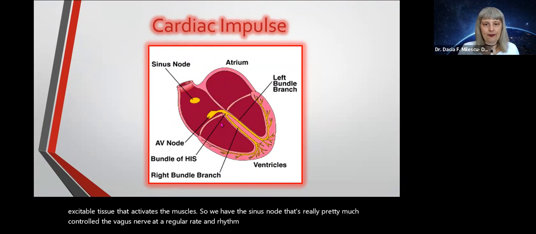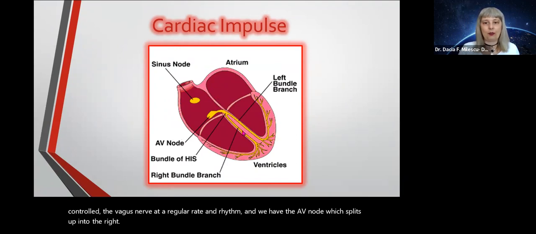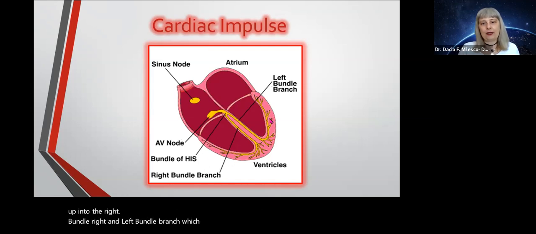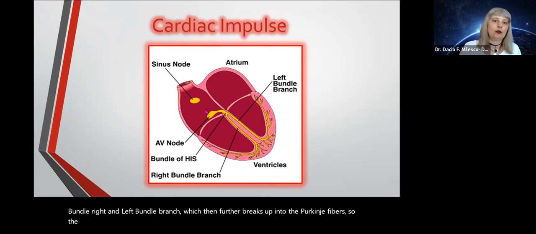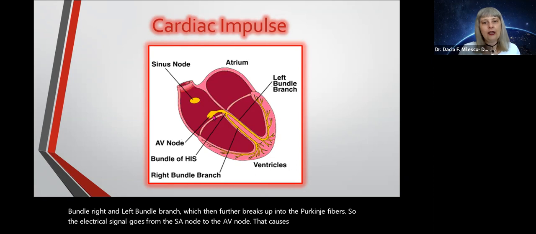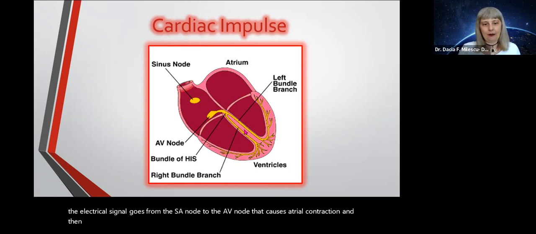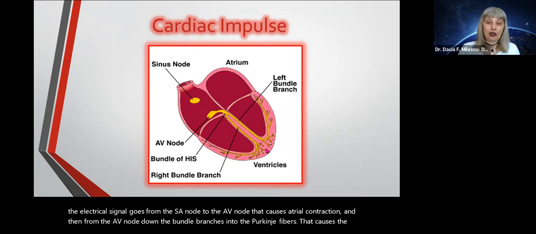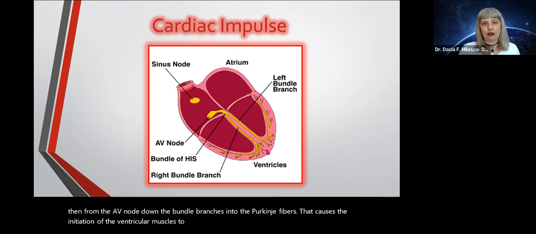And we have the AV node, which splits up into the right and left bundle branch, which then further breaks up into the Purkinje fibers. So the electrical signal goes from the SA node to the AV node. That causes atrial contraction. And then from the AV node down the bundle branches into the Purkinje fibers, that causes the initiation of ventricular contraction.